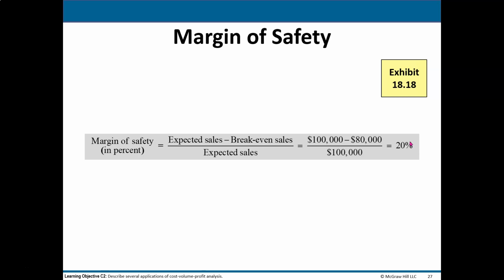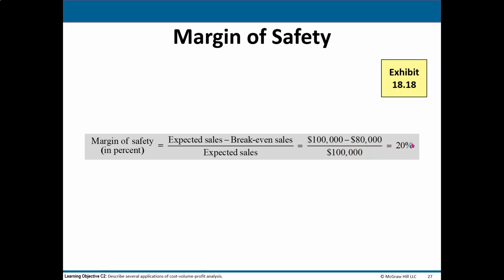So my margin of safety, if I'm expressing that in units, is the number of units sold above the 800 units I need to break even. I can express that in sales: $100,000 minus $80,000 gives me a $20,000 cushion. Or I can express that in percentage terms, 20%, by taking that cushion and dividing that by my expected sales, and that will give me my margin of safety in percentage.